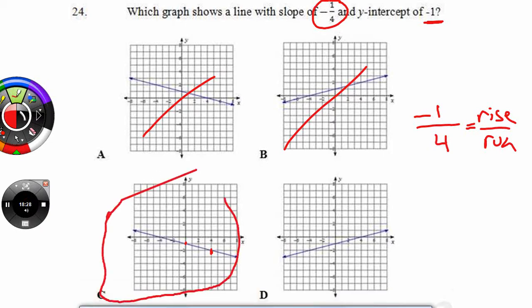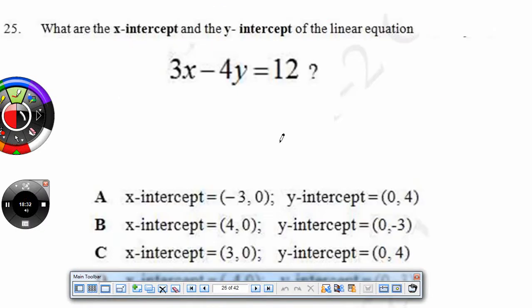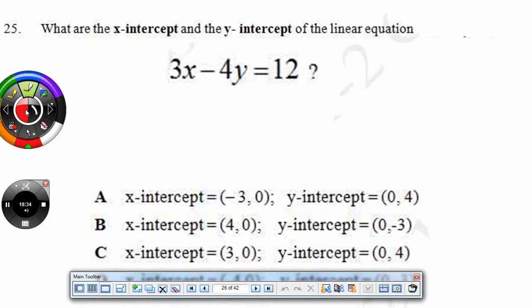Okay. X and Y intercepts. So we can do the cover-up method on this, or we can just show the full work. So x-intercept is when you set the y equal to 0 and solve for x.